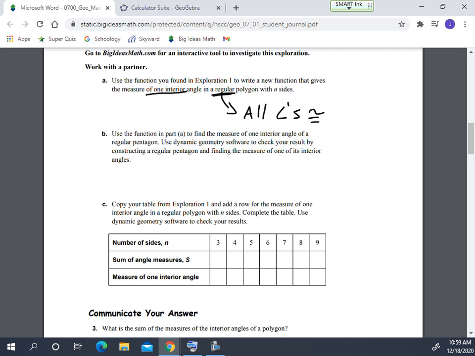So for an example, let's try to figure this out. If we have a 3-sided figure, we have a triangle. Find the measure of one interior angle using what we've used in expression 1. So we said that 180 times (n minus 2) is how to find the sum of the interior angles.